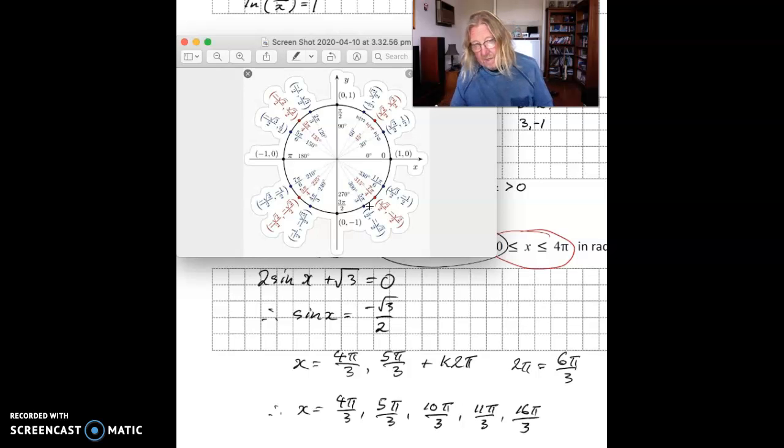But that's over 4 pi. 12 pi on 3 is 4 pi, so we discard that one there. So the answer is x equals 4 pi on 3, 5 pi on 3, 10 pi on 3, and 11 pi on 3. All right, back in a jiffy with the graphics calculator.